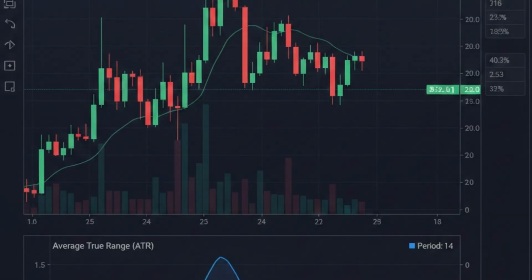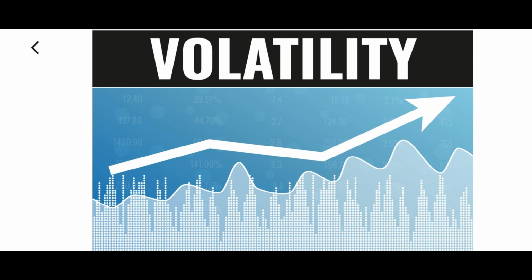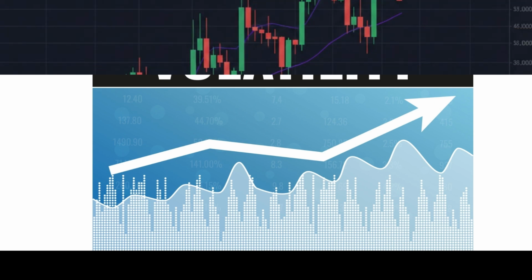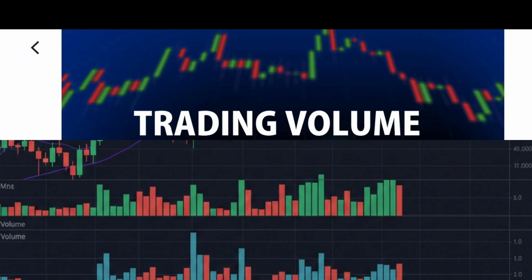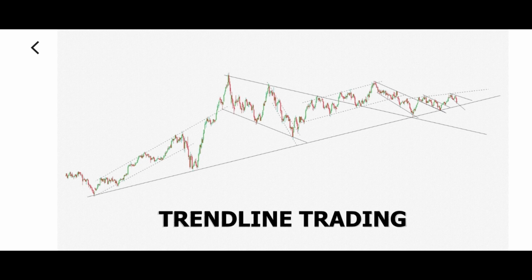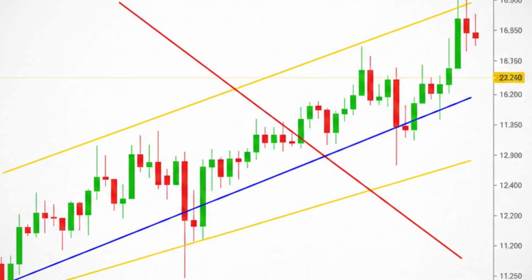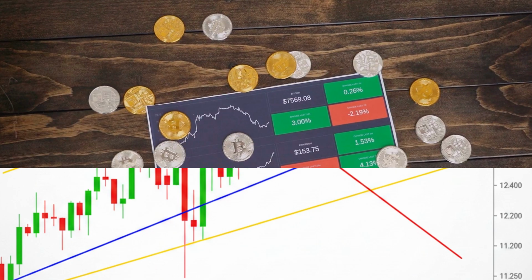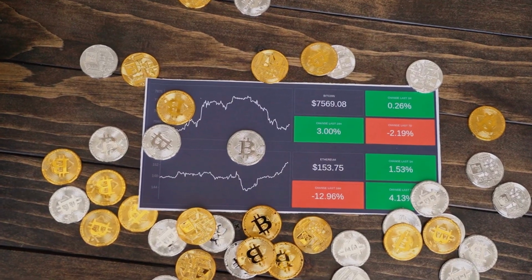Average True Range, or ATR, measures market volatility, while the VIX index offers a broader view of expected volatility in the market. Volume analysis reveals the strength behind price movements, and trend lines visually map support and resistance levels. By combining these tools, traders gain a more comprehensive perspective, reducing reliance on any single indicator and improving the accuracy of their decisions.